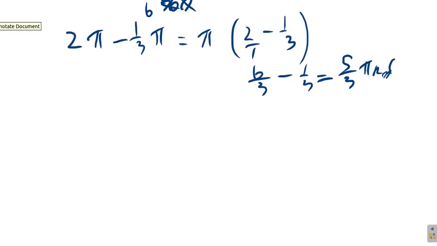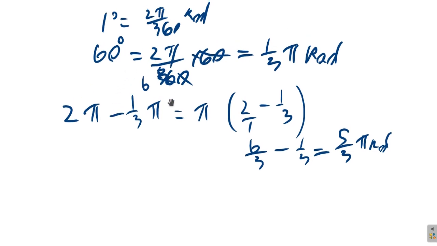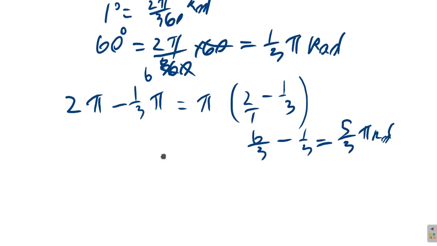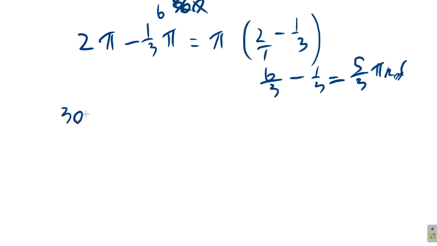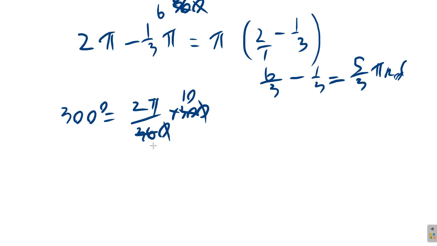Let's try a little thing here. We see that 1 degree is 2 pi over 360 radians. So 300 degrees would be 2 pi over 360 times 300 radians. We cancel down, and 10 over 6 would be the same as 5 over 3 pi.